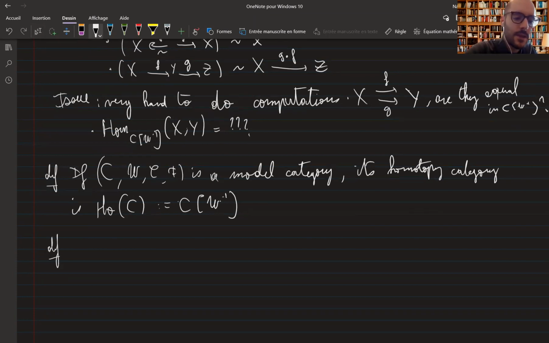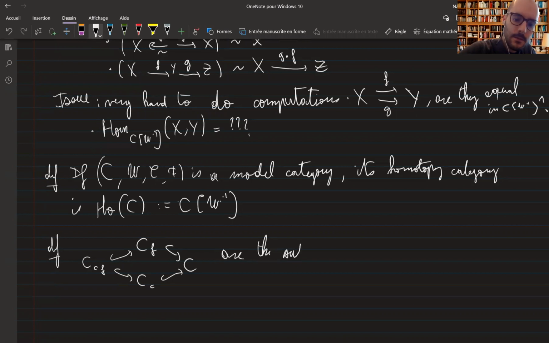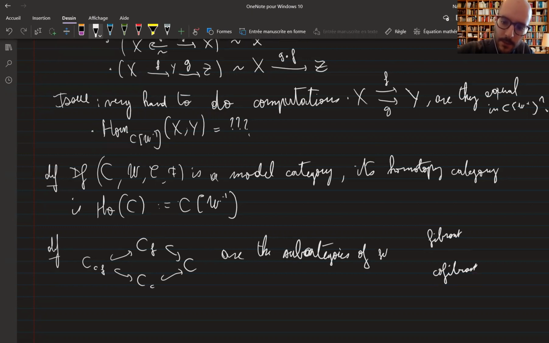So we are going to define three subcategories of C. You have C_F, C_C, and C_CF, which are subcategories of fibrant, cofibrant, and fibrant-cofibrant objects, all right?